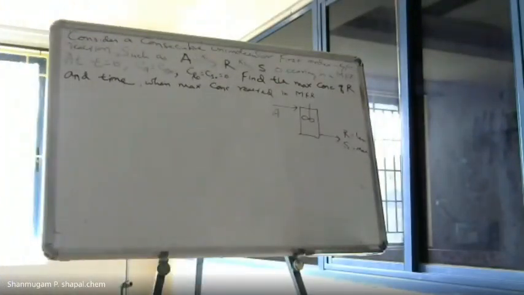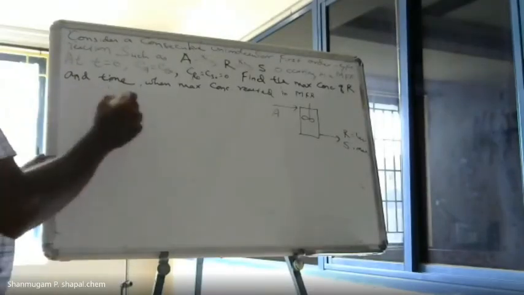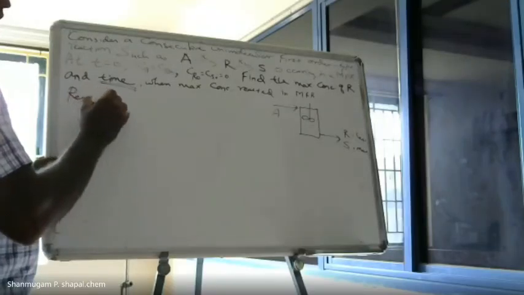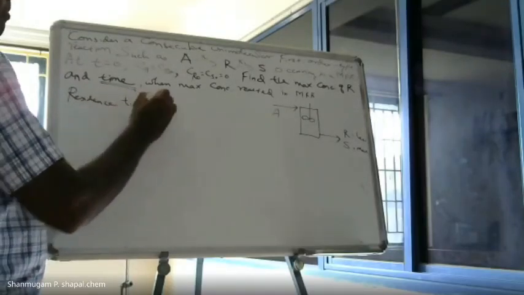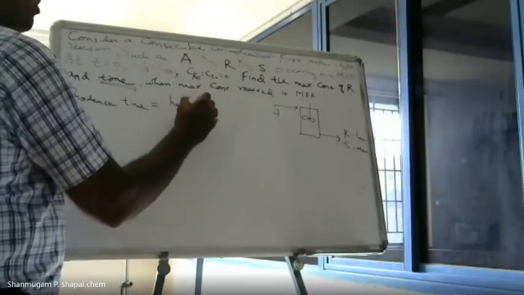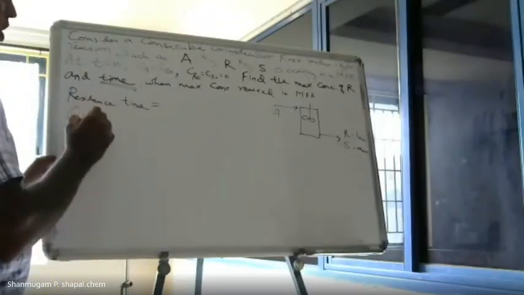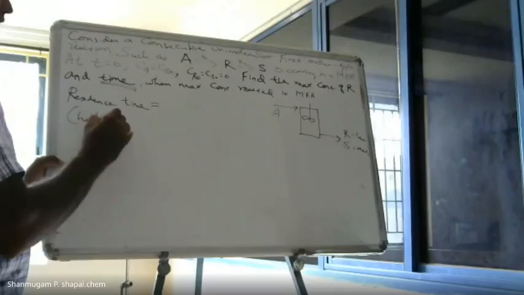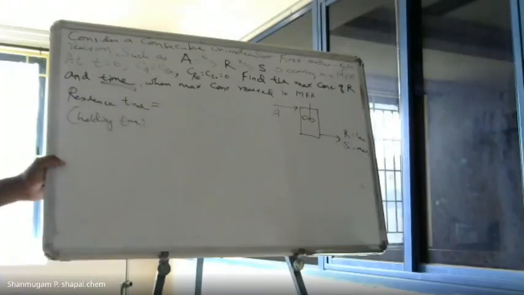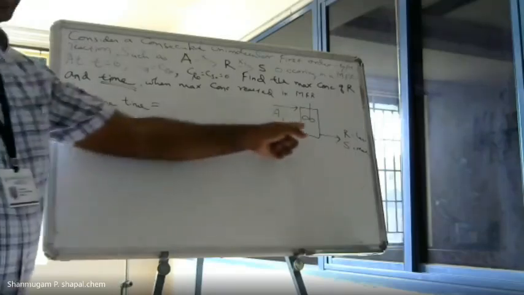So now we need to find the maximum time too. So what is the time here? The time indicates the residence time, and this is also called the holding time. Holding time means the time taken by a reactant or a feed in the tank.